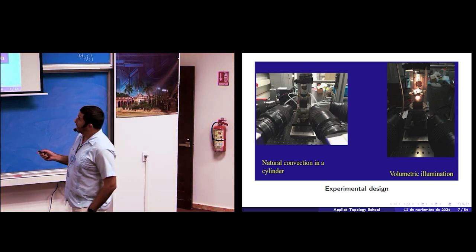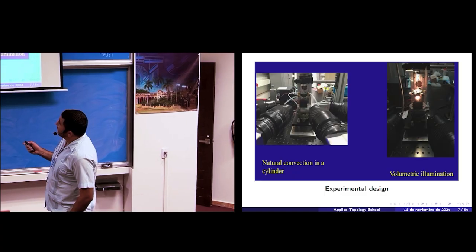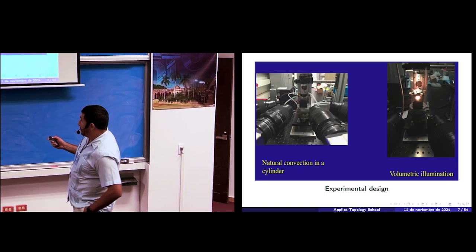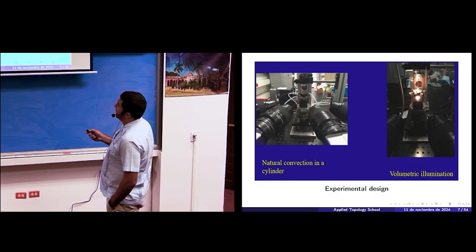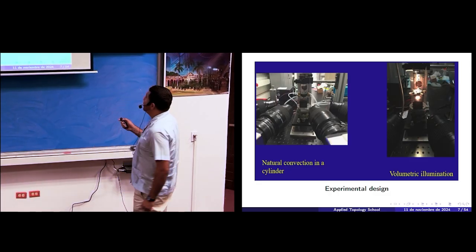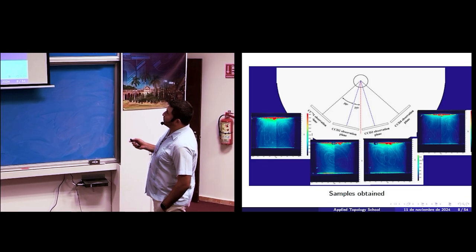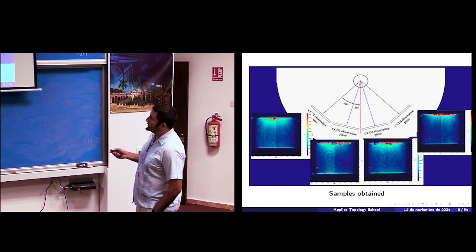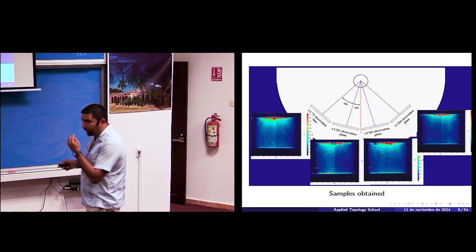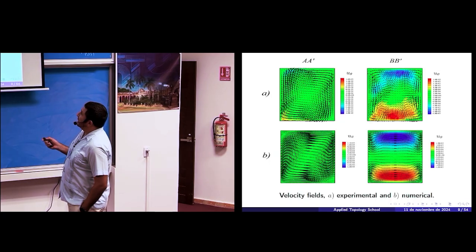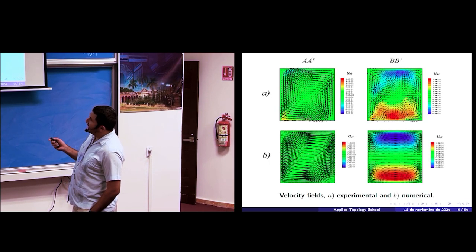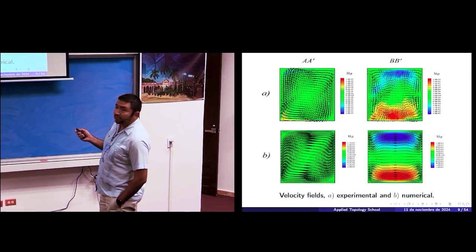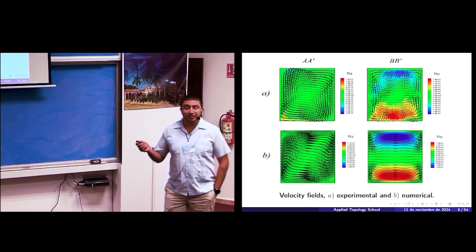This is the experimental design. Here there is a cylinder with water and some very powerful cameras. Then they obtained these samples of the movement of the flow, and this is the comparison between the numerical simulation, which is in B, and the experiment, the data obtained from the experiment in A.